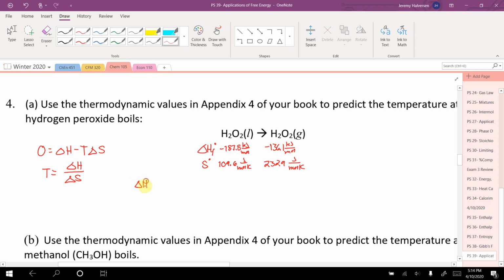Right, so the delta H of my reaction here, and my reaction is this phase change. It's going to be products, negative 136.1, minus my reactants.